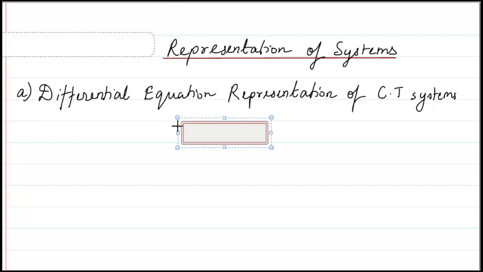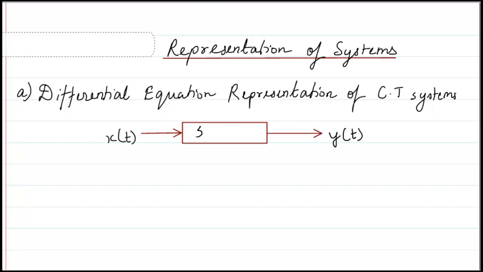For example, if we have a system with an input x of t and we get an output out of the system which is y of t, then we can define this particular system by the equation which connects x of t and y of t.